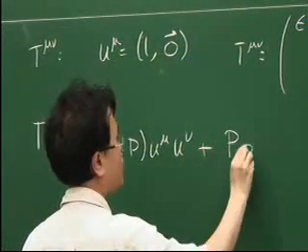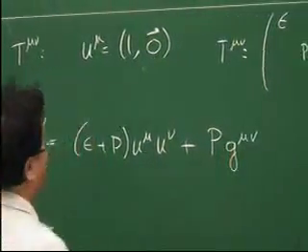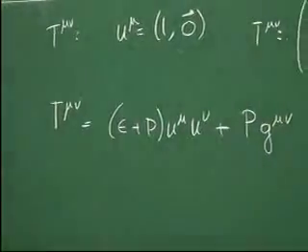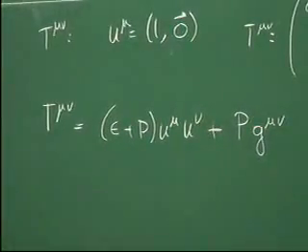So T mu nu is equal to (epsilon plus p) u mu u nu plus p g mu nu. This is the perfect fluid stress energy tensor that probably everybody has seen before. Any questions so far?